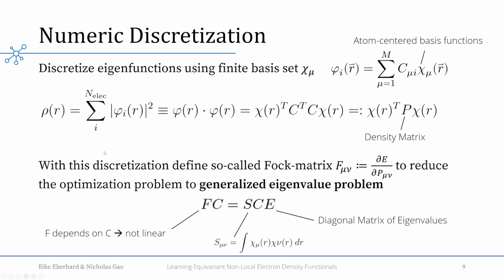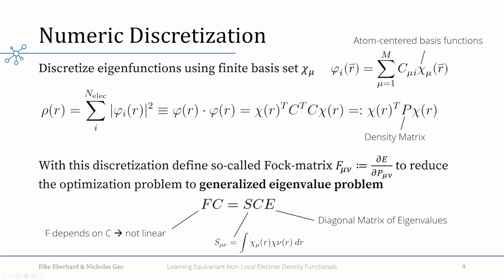And as Nicholas also said, in this discretization, you can define a so-called Fock matrix, which reduces this initial minimization problem with regard to the density to a so-called generalized eigenvalue problem, which is more familiar, linear algebra heavy.